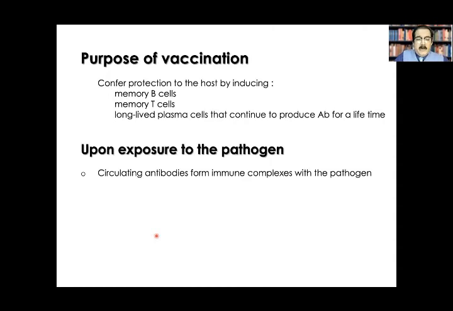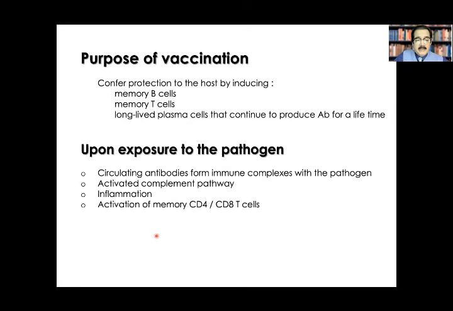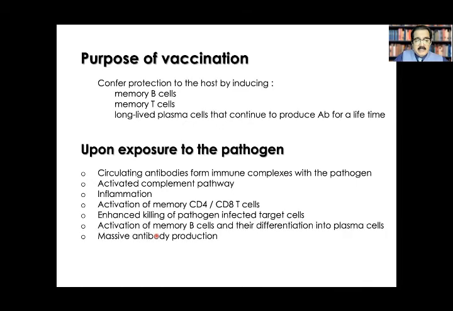Right. So now, once you have vaccinated, what happens when you get exposed to the pathogen again? Step number one, you have circulating antibodies that will form immune complexes with the pathogen. You activate the complement pathway. You have inflammation. You have activation of memory CD4 and CD8 T cells. You have enhanced killing of the virus-infected target cells.